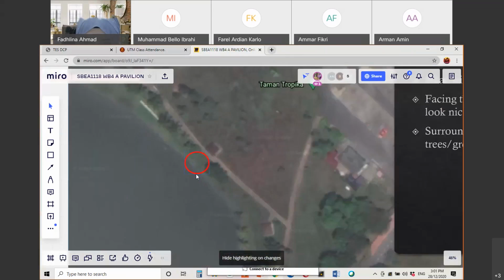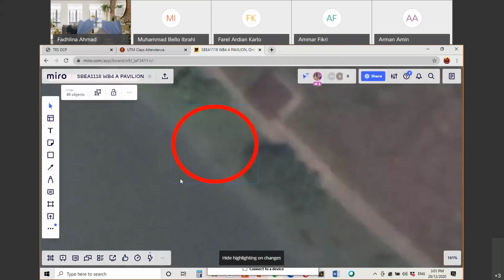Okay, how does this water body relate to the sculptures that you have chosen? The water, you want to put part of your pavilion on top of the water, right?